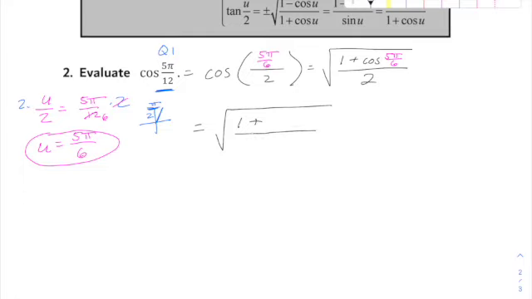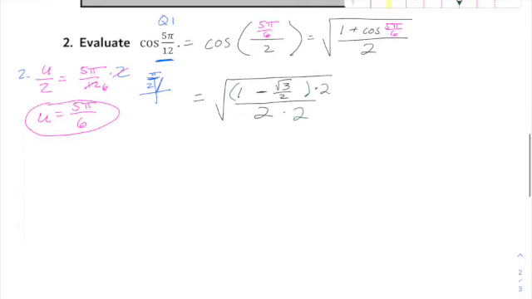Cosine of 5 pi over 6 is going to be negative, so that's in quadrant 2, so I'll just take that plus away. It'll be minus, and the cosine of pi over 6 is root 3 over 2, all divided by 2. So again, I get this instance where I have a fraction of 2, so I'm going to multiply the top and bottom by 2, the LCD, to just cancel that.